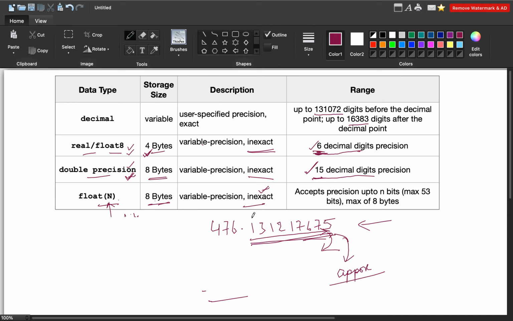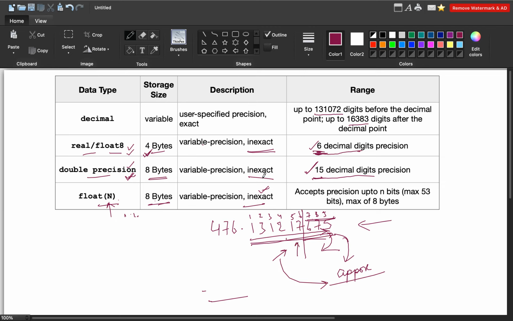But you see here there are a number of digits: 1, 2, 3, 4, 5, 6, 7, 8, 9. It means it has 9 digits. So it will not be able to store all these 9 digits. It has to restrict its storage only up to 6 digits. So it will store this value as an approximation. It will approximate this value and store it, right? It may not be able to store it in the exact form.